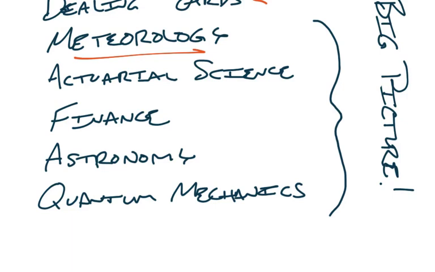The next one on the list here, actuarial science. This is all kinds of insurance. Life insurance, health insurance, car insurance, home, renter's insurance, all of these things fall under the umbrella of what's called actuarial science.